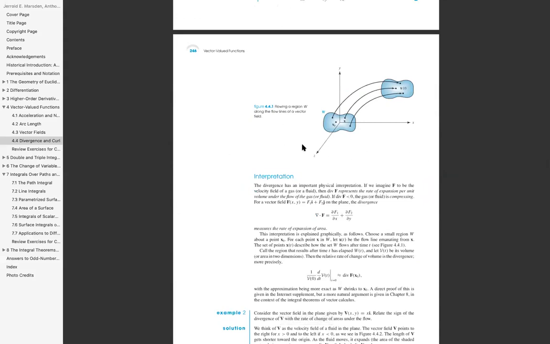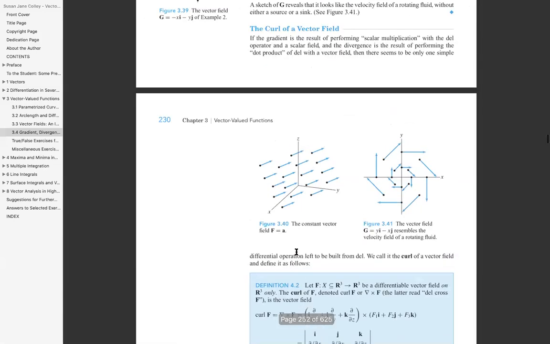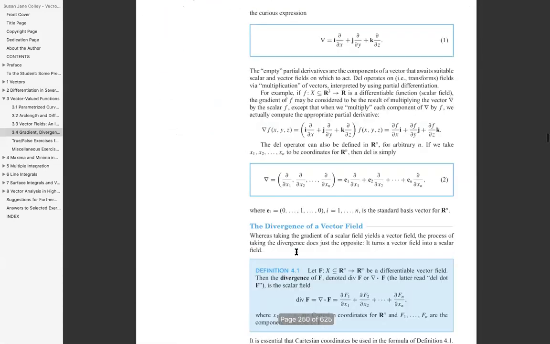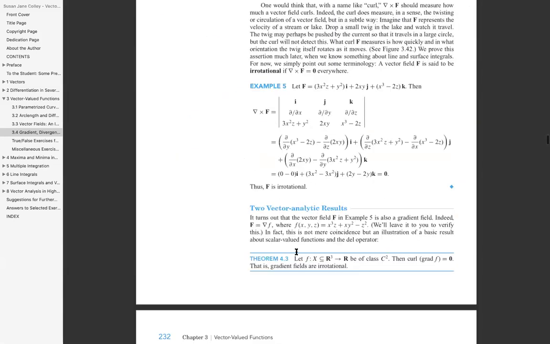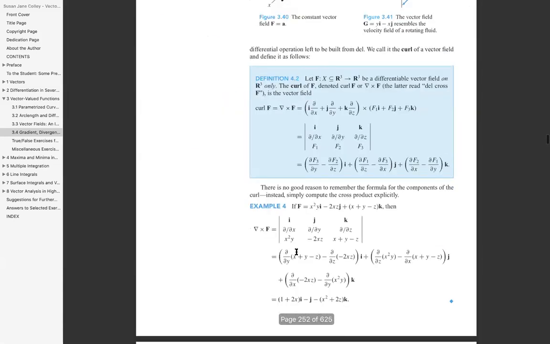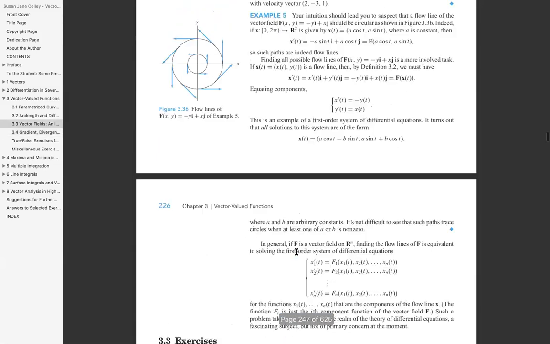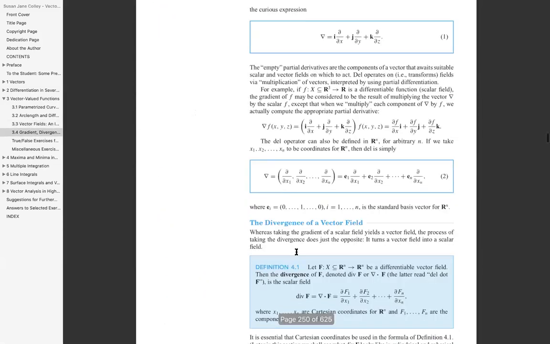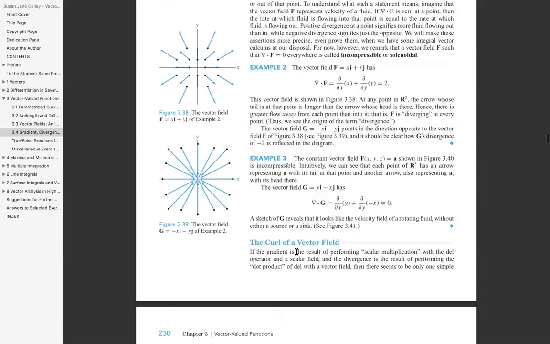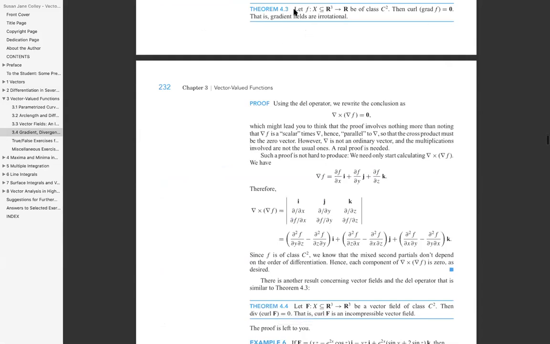Oh, different book. Where is it? Oh, here.